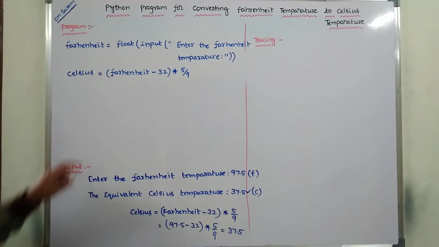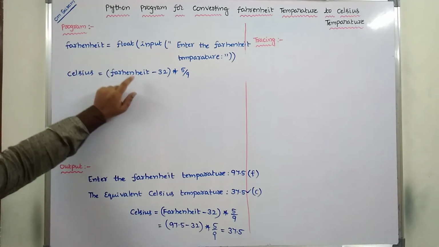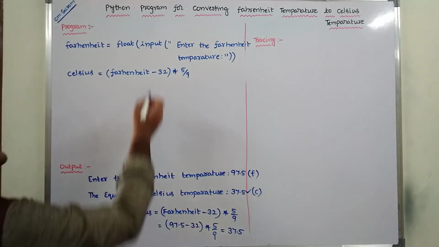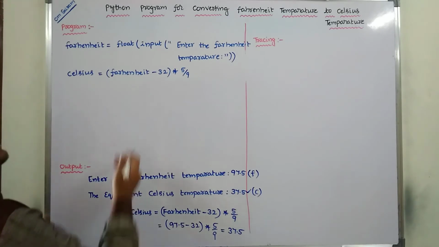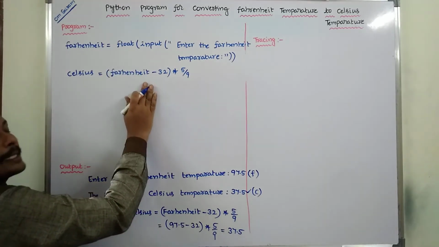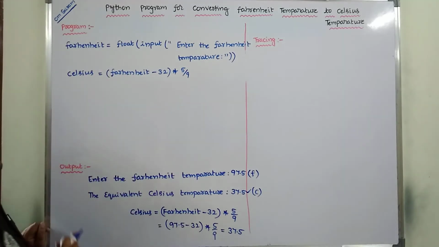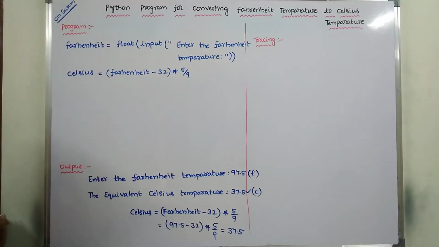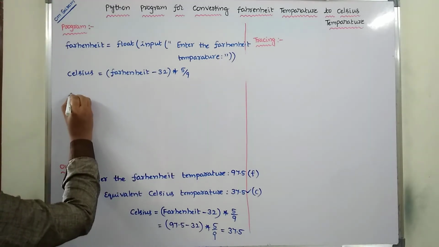By using this formula, we convert the given Fahrenheit temperature into Celsius temperature. Once we calculate the expression on the right hand side, the resultant value is assigned to the variable on the left hand side. Now the result is stored in the variable Celsius. Now we have to print that variable.